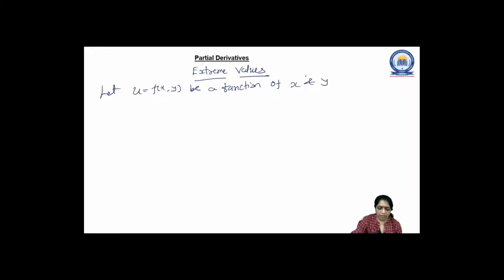x and y will be maximum or minimum for small positive value.